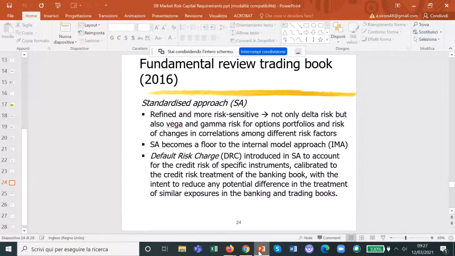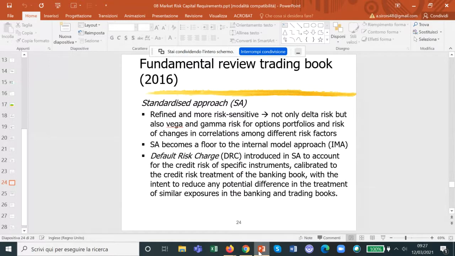In the standard approach, I don't want to go into the detail, but it has been made more refined and more risk sensitive, so more precise. So, for example, not only delta risk, but also vega and gamma risk for options portfolios. Risk of changes in correlations have also been introduced.